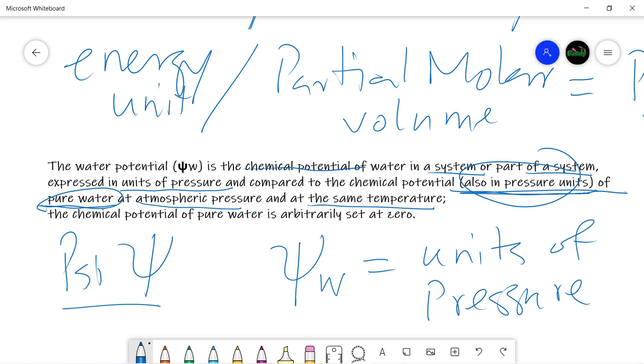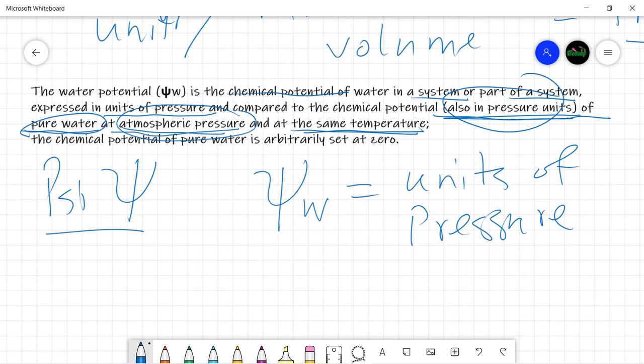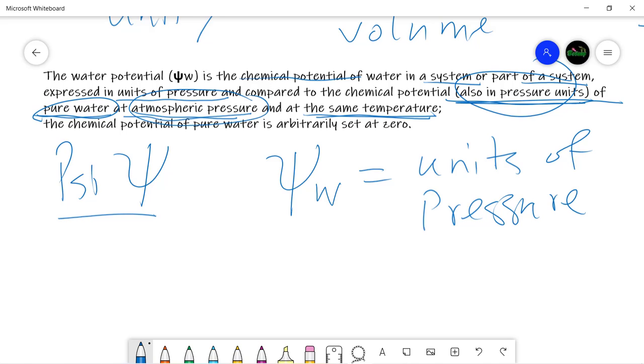However, when we make this comparison, water potential of a system and water potential of pure water, this comparison is made at the same atmospheric pressure and also temperature. We are at the atmospheric pressure mostly, that is 760 millimeter of mercury, and we are also at the same temperature. Now the water potential of pure water is arbitrarily set to 0.